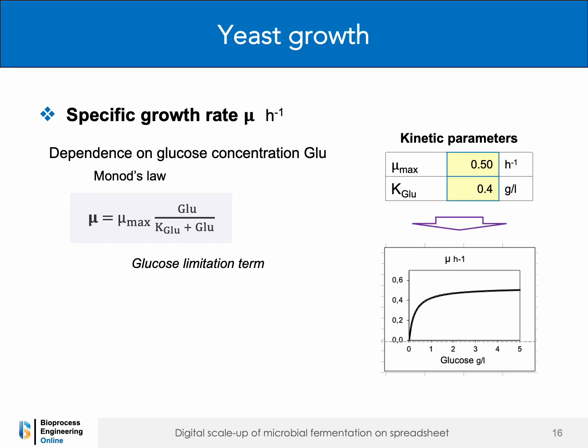In this sheet, you specify these two kinetic parameters for the selected yeast strain and visualize how the growth rate varies, particularly in the low glucose concentration range.